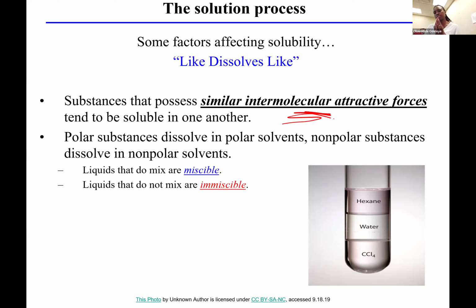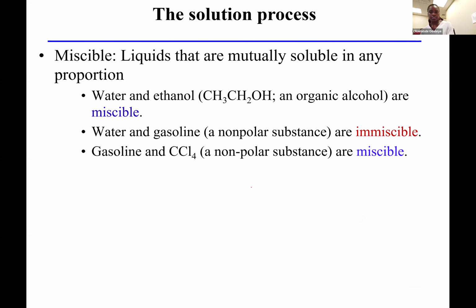When you bring two things together and they dissolve, they mix together, we call them miscible. So they mix, they're miscible. If you bring two things together and they don't dissolve, they don't mix, they're called immiscible. Okay. Water and ethanol, for example, will be miscible. So think about your alcohols, those mix with water because they're both polar. Water and gasoline don't mix.